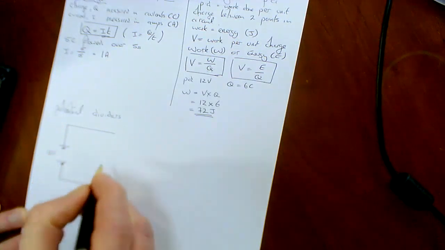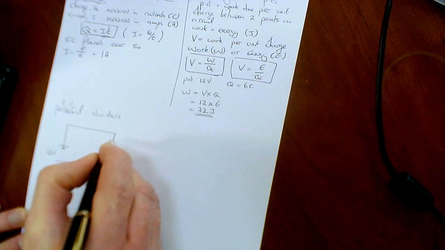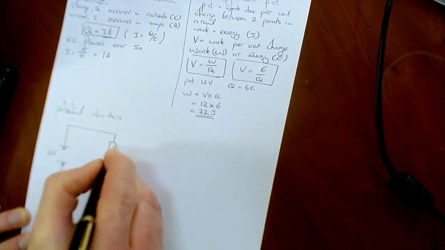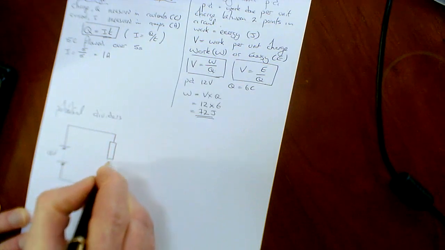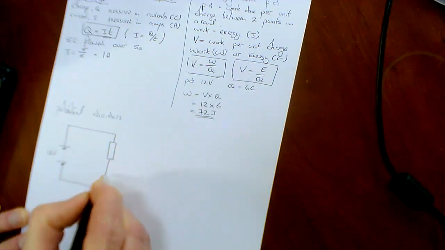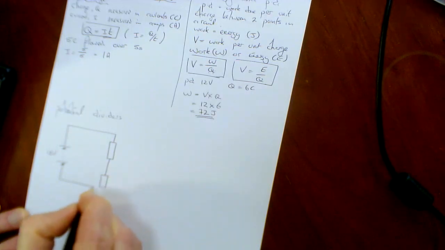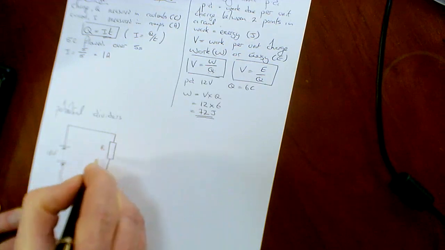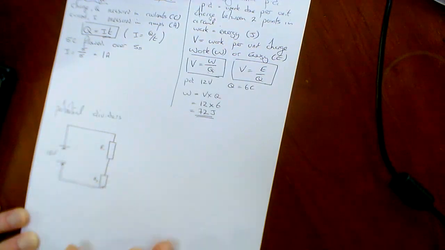You'll notice I like 12 volts because it's easily divisible by several different numbers. So let's say we've got two resistors. And I'm going to save me drawing this too often. I'm going to label these R1 and R2.